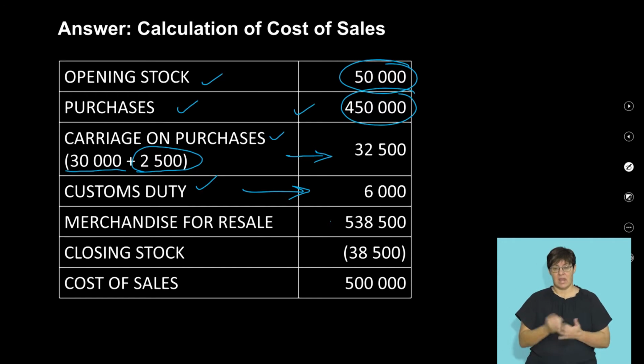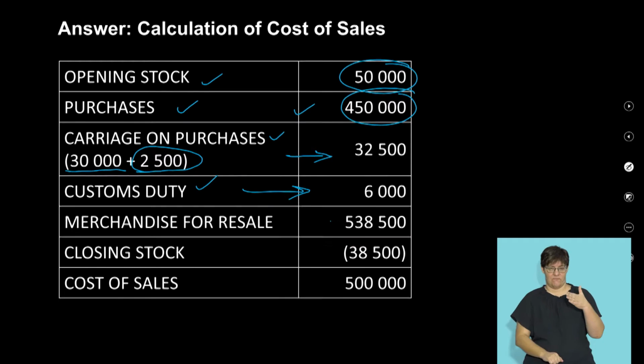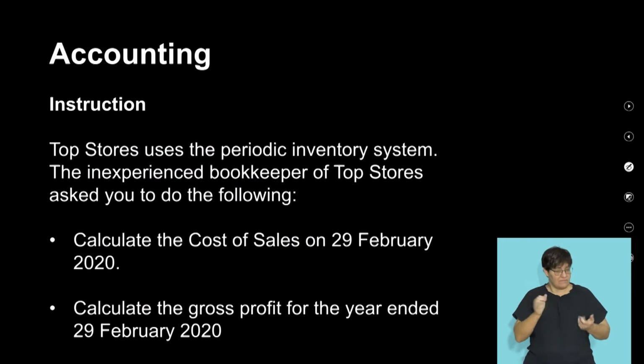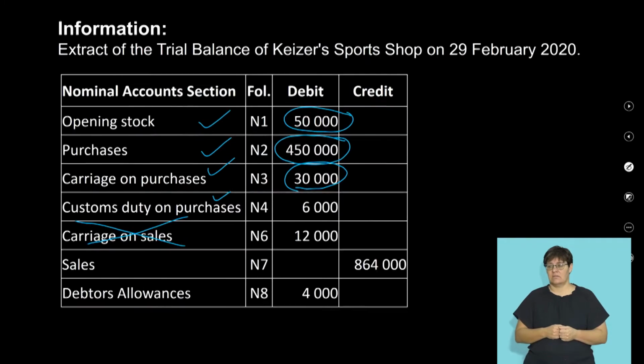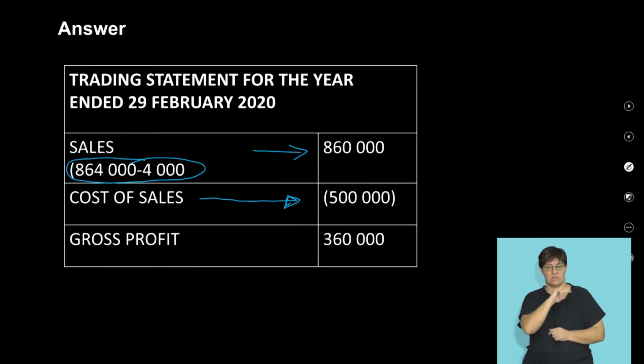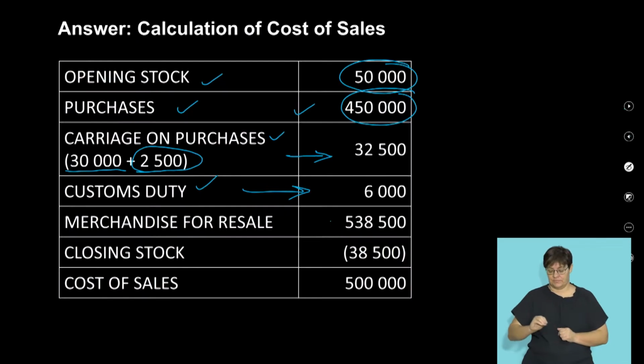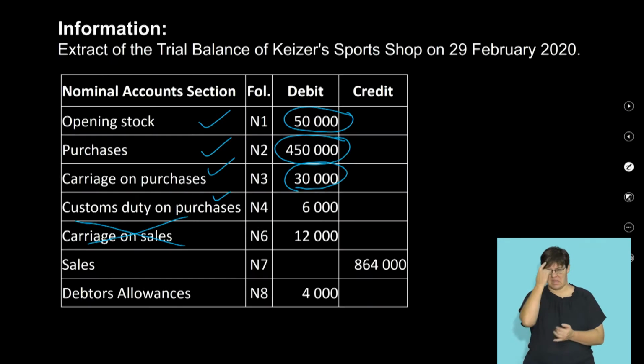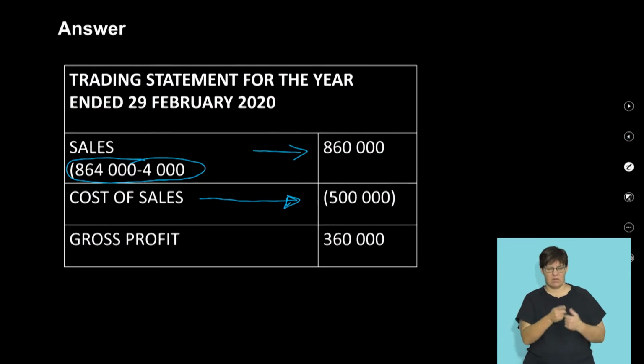What I do now, I subtract my closing stock. Was my closing stock given to me? Yes, it was. My closing stock was given to me as an adjustment. Let's find it. My closing stock was 90,000 Rand. Therefore, bring in your 90,000 Rand as your closing stock. I think there's an error here. Let's just fix it up while we are with it.